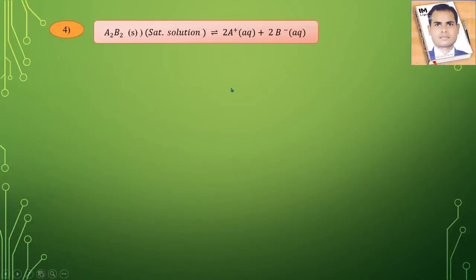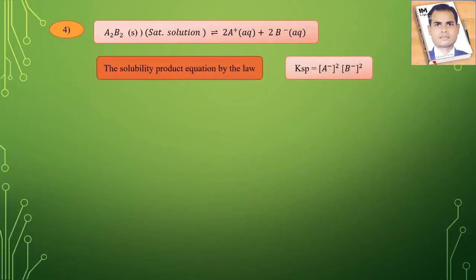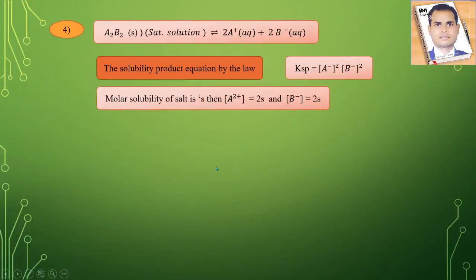For the solubility product equation, you will see KSP, here there will be 2A and 2B, so you will write bracket square for both species in this way. Let the molar solubility of salt be S. Then in bracket A2 plus is equal to 2S, and in bracket B minus is equal to 2S.